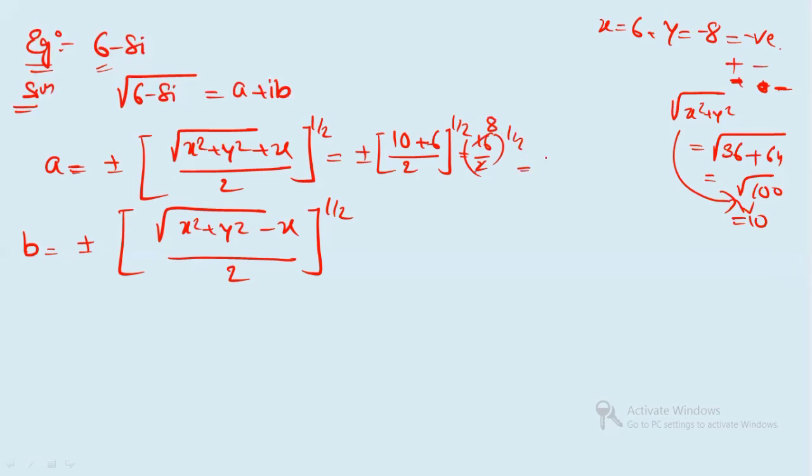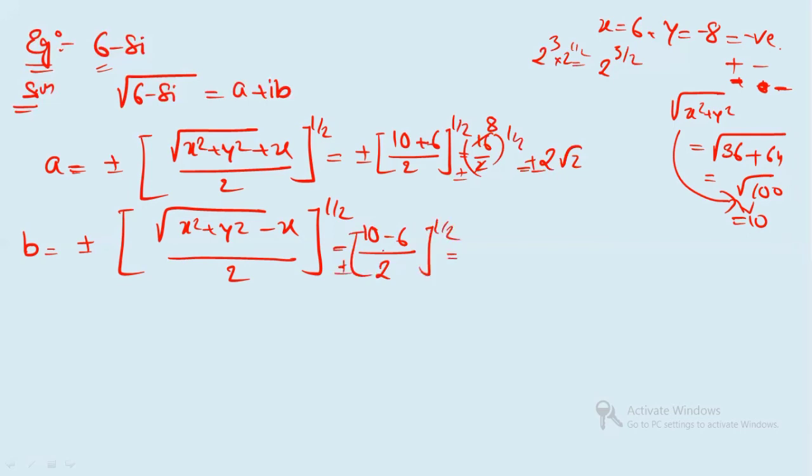So you can write 8 as 2 cube, and it will give you 2 to the power 3 by 2. So you can write it as 2 root 2 with a plus minus sign. Similarly for b, you will write root over x square plus y square, that is 10, minus 6, x is 6, divided by 2, all to the power 1 by 2.